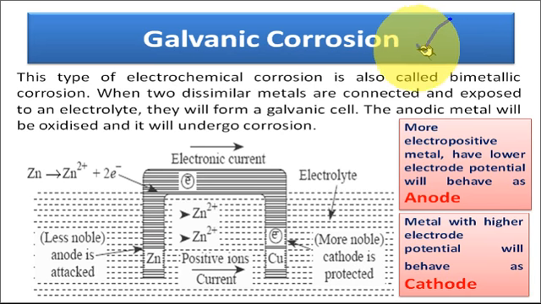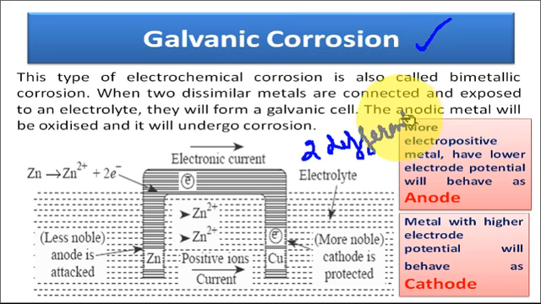Basically, this type of corrosion takes place when two dissimilar metals, that means two different metals, are in contact with each other and there is some electrolyte solution also present. So the necessary condition in which galvanic corrosion takes place is the contact of two dissimilar metals with each other and the electrolyte solution is also present at the surface, or the metals are dipped into the electrolyte solution.